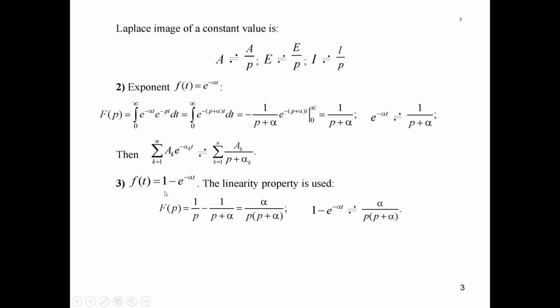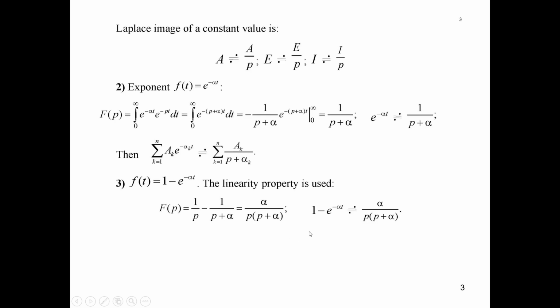Then the function 1 minus e to the degree minus alpha t. With the help of the linearity property we can write down that F from p will be equal to the image of the unit function, which is 1 over p, yes, it was here. Then the image of this function we can present as 1 over p plus alpha, and this with a minus, because we have the difference of these two functions.